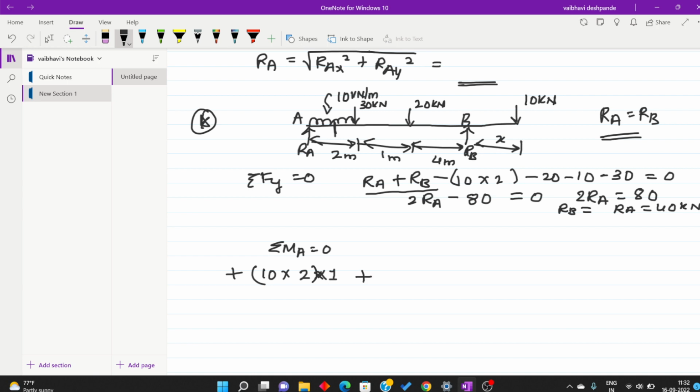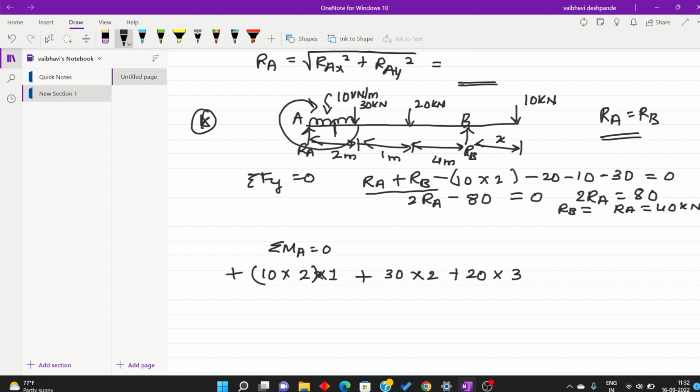Then plus this point load 30 kilonewton also causes a clockwise moment about point A, so 30 into 2. Then this 20 kilonewton is also causing a clockwise moment and it is at a distance of 2 plus 1, 3 meters.